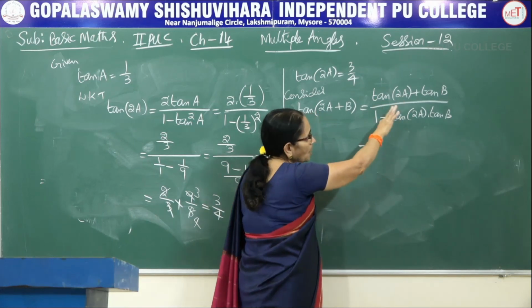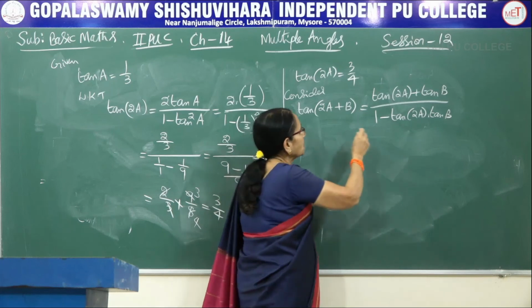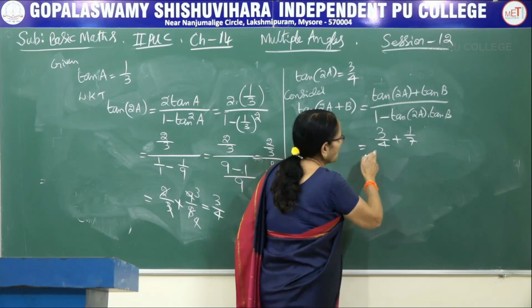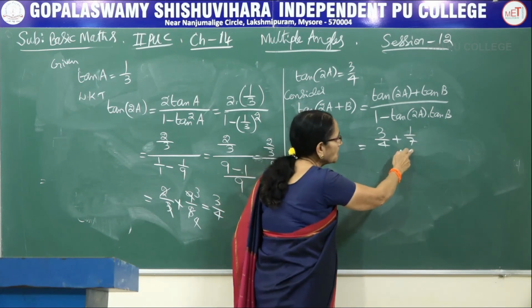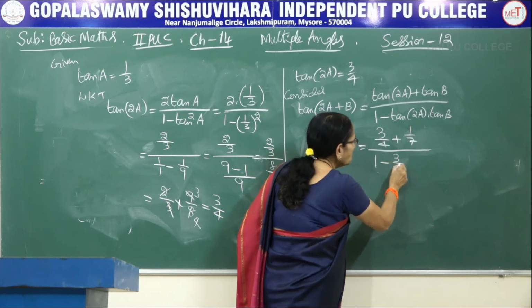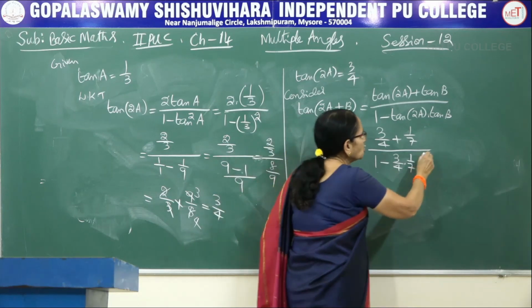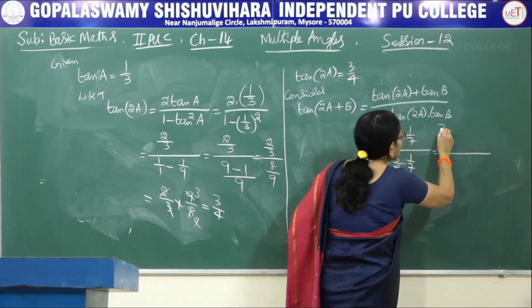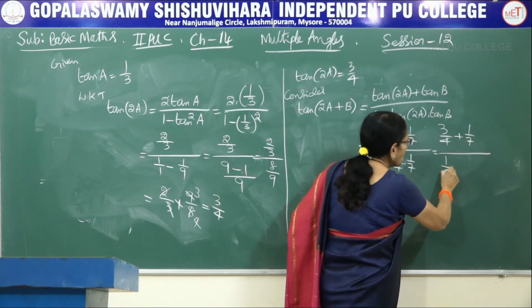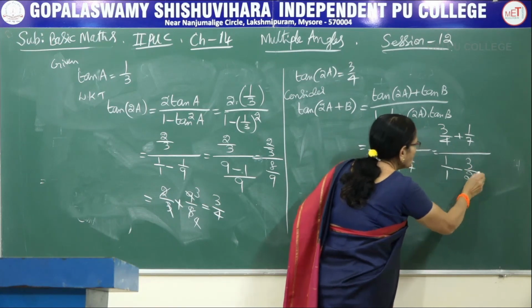Look, both the values on the right hand side are available. One was given, one we have calculated. This is 3 by 4, the other one is 1 by 7. This we calculated, this has been given to us. Whole thing divided by 1 minus 3 by 4 into 1 by 7. Or you can write it as 3 by 4 plus 1 by 7, over 1 minus 3 divided by 28.